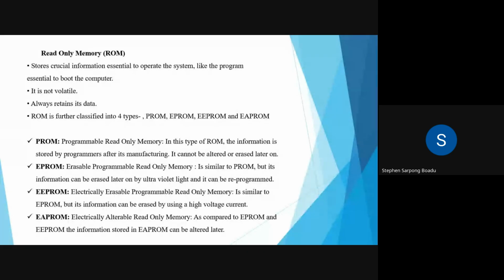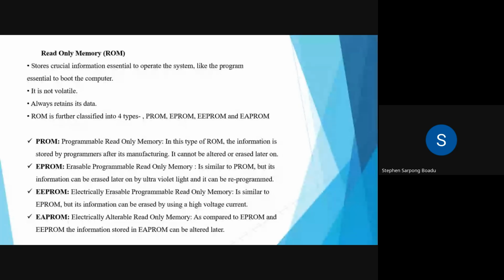So now we are moving on to the ROM, or the read-only memory. The read-only memory stores crucial information essential to operate the system, like the program essential to boot the computer. So the ROM is a type of memory that stores crucial instructions needed to start and operate a computer.